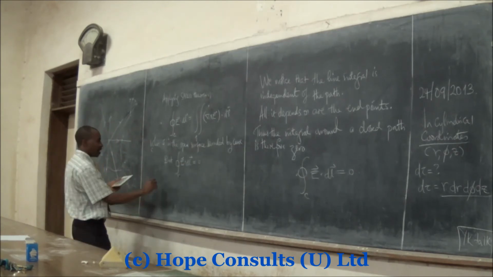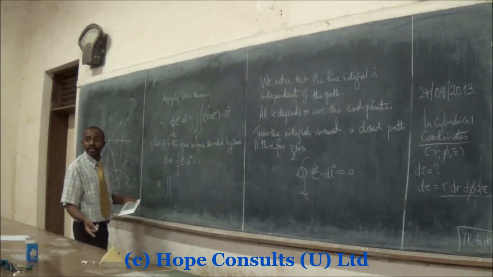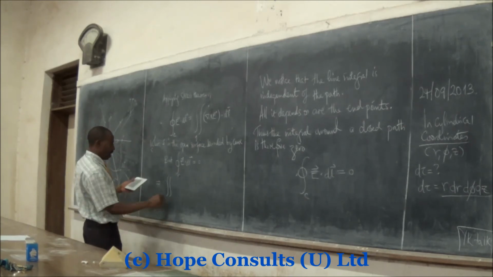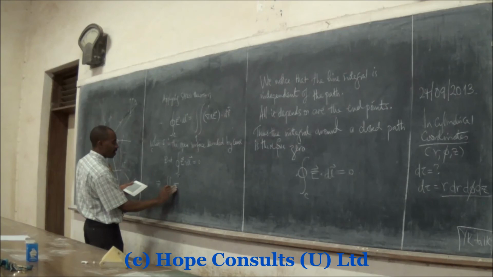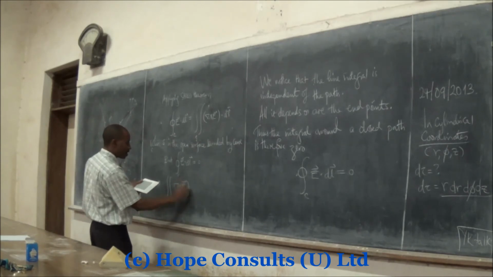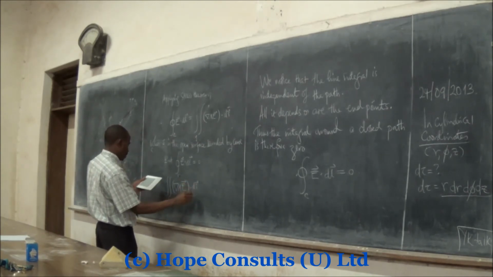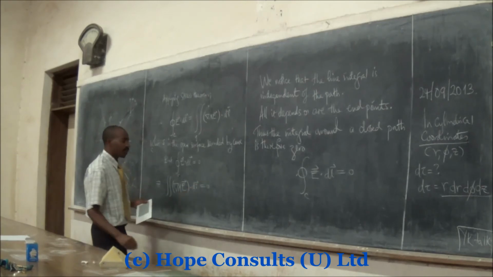So that implies that our double integral dx dy over the surface of the curl of E is equal to 0.